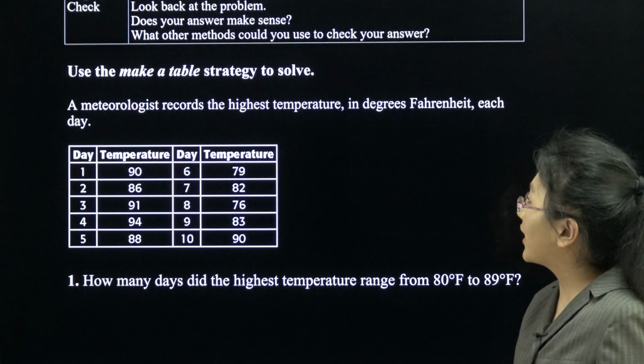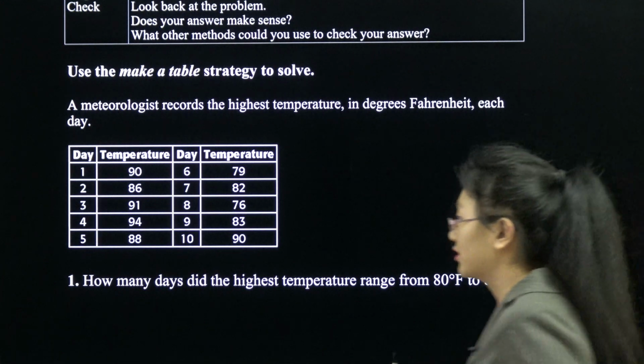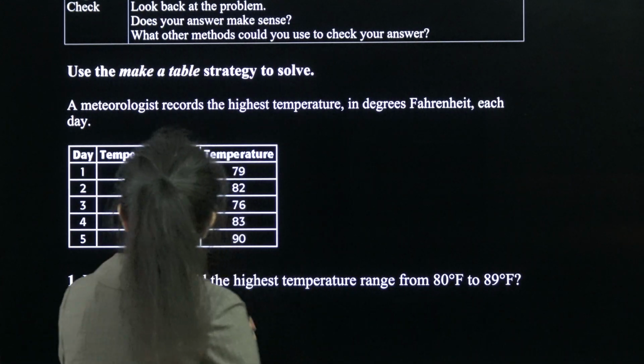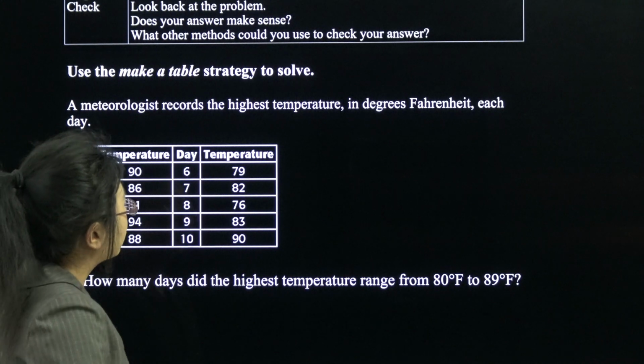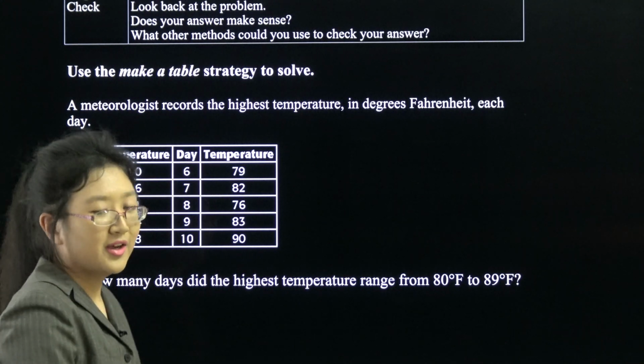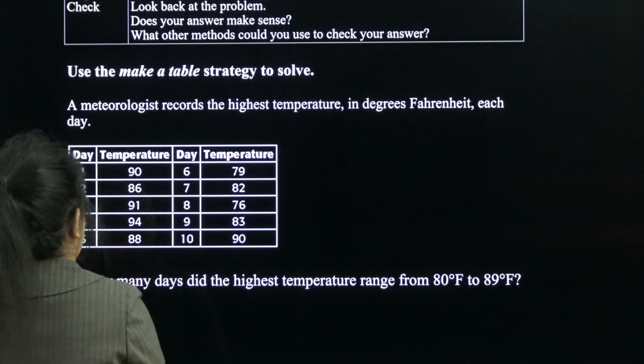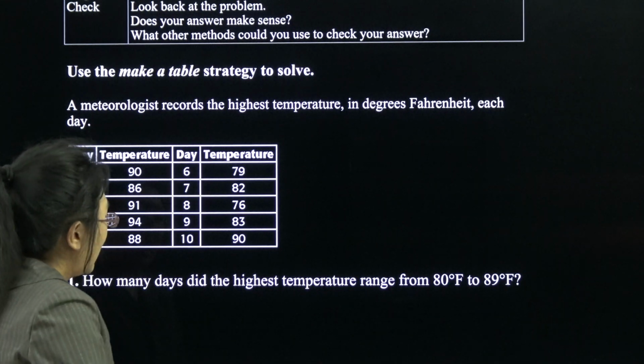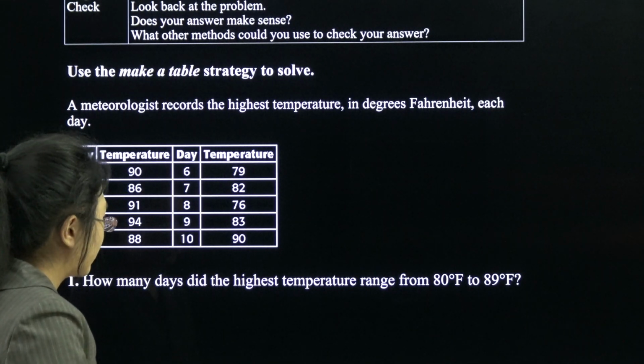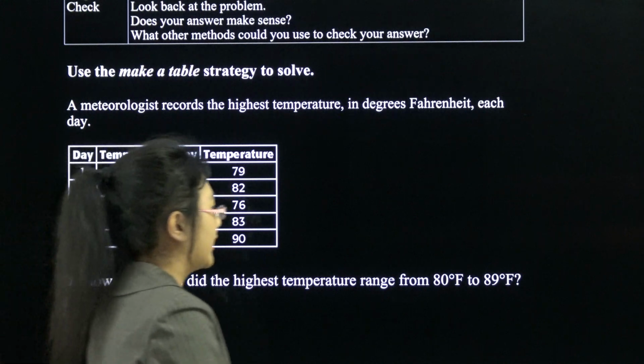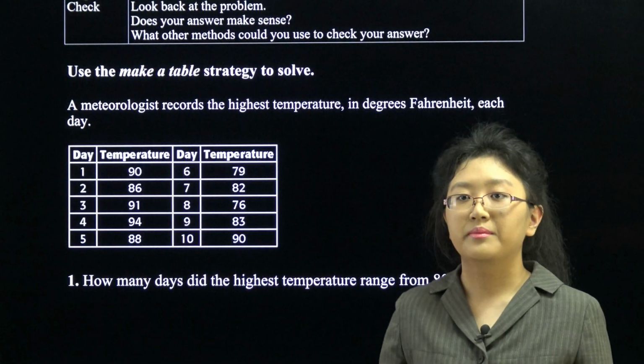Now we're going to use the make a table strategy to solve these practice problems. A meteorologist records the highest temperature in degrees Fahrenheit, not Celsius, each day. How many days did the highest temperature range from 80 degrees Fahrenheit to 89 degrees Fahrenheit?